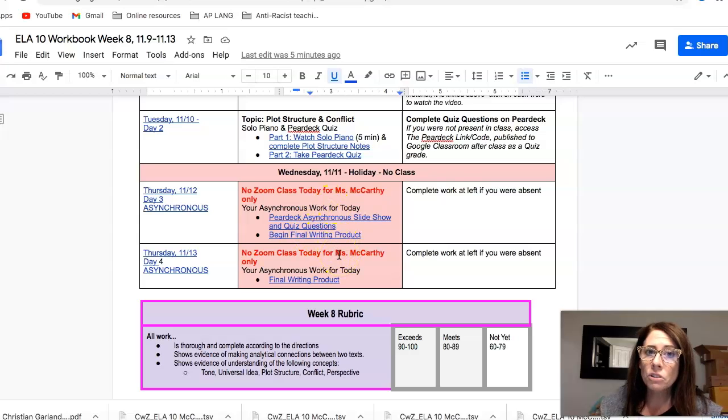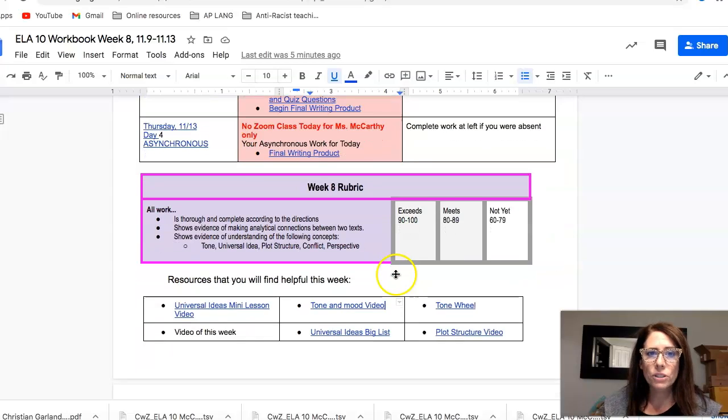So your challenge this week is to try to figure out how you can manage your time so that the rest of this calendar here you can still do and have everything in this workbook be done for Saturday the 14th at 8 p.m.